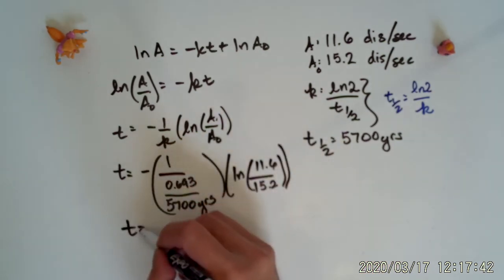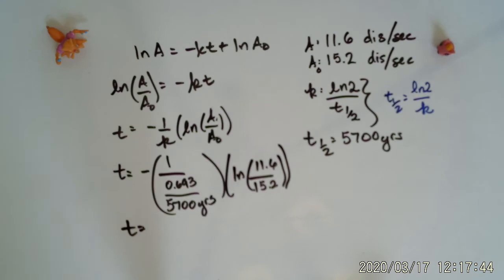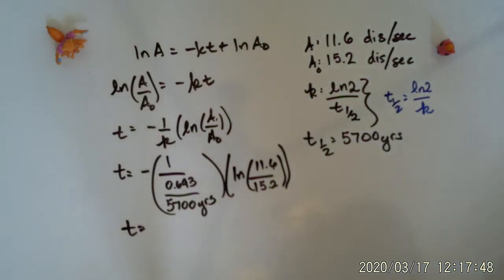And so we get, for t, basically 11.6 divided by 15.2. Let's take the natural log of that, times 5,700 divided by 0.693.